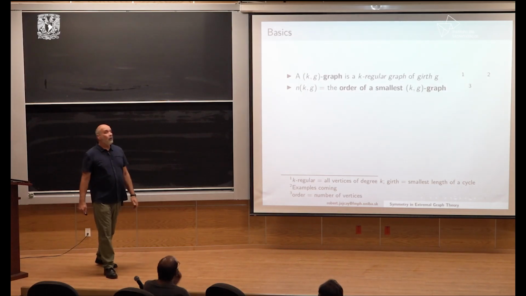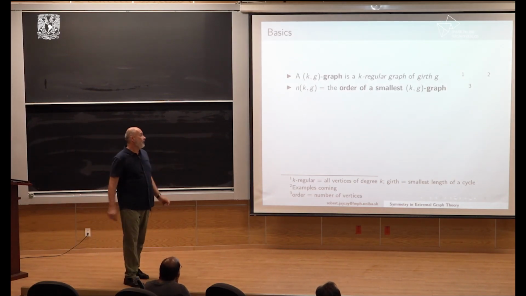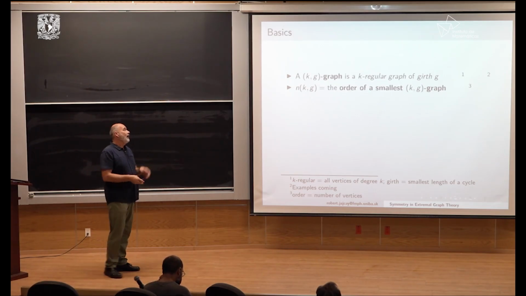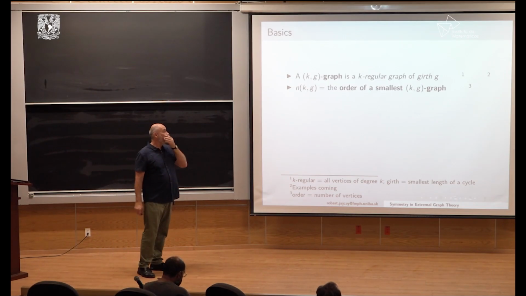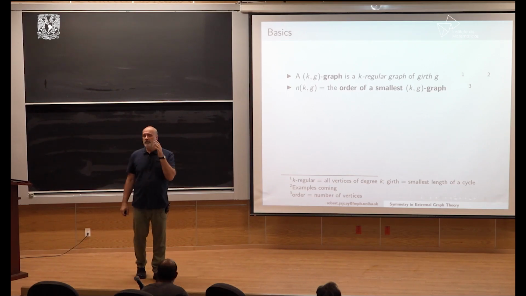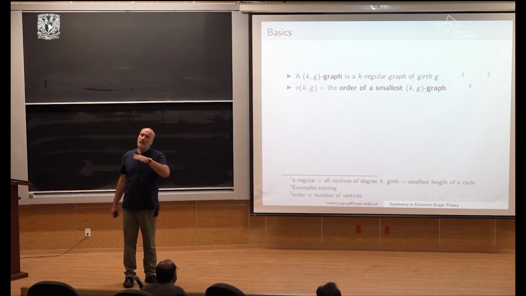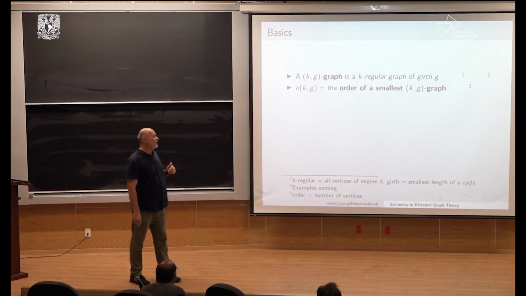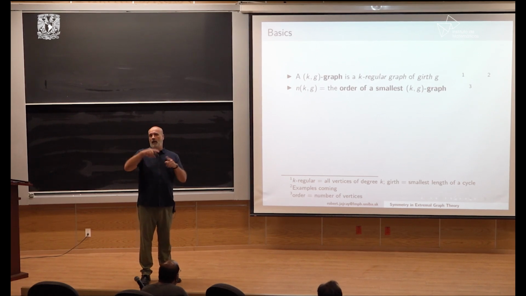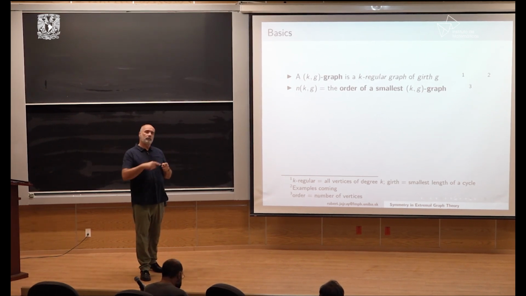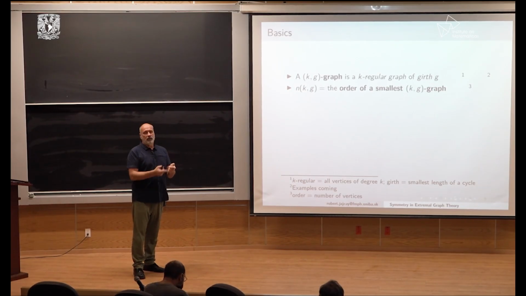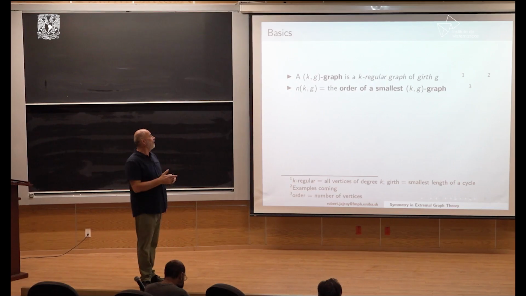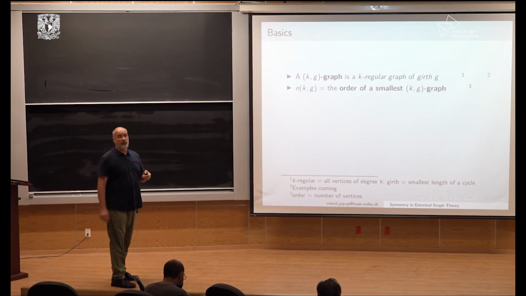So the basics do come from graph theory. I'll be talking about specific classes of graphs, those where every vertex is of degree k. So all the vertices have the same number of neighbors, and the number is k. And the g stands for the length of a shortest cycle. A cycle in a graph is simply you traveling along the edges and coming back to where you started, and the shortest cycle of this kind is called the girth of the graph.